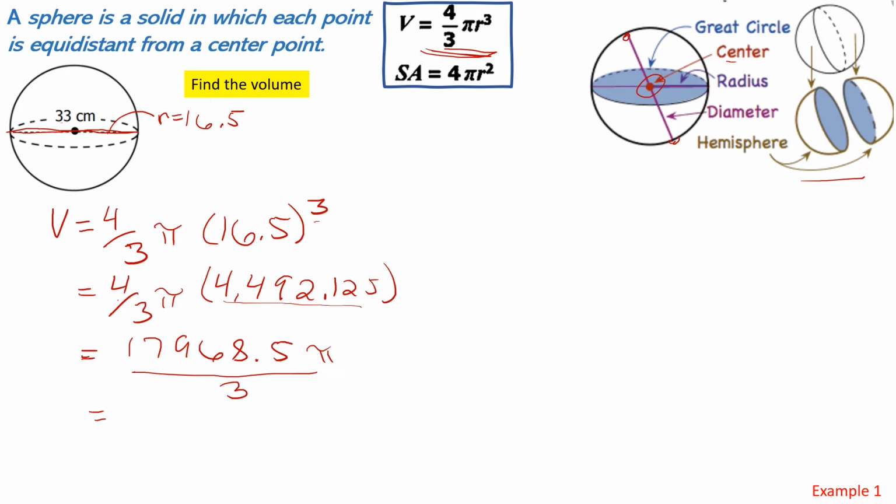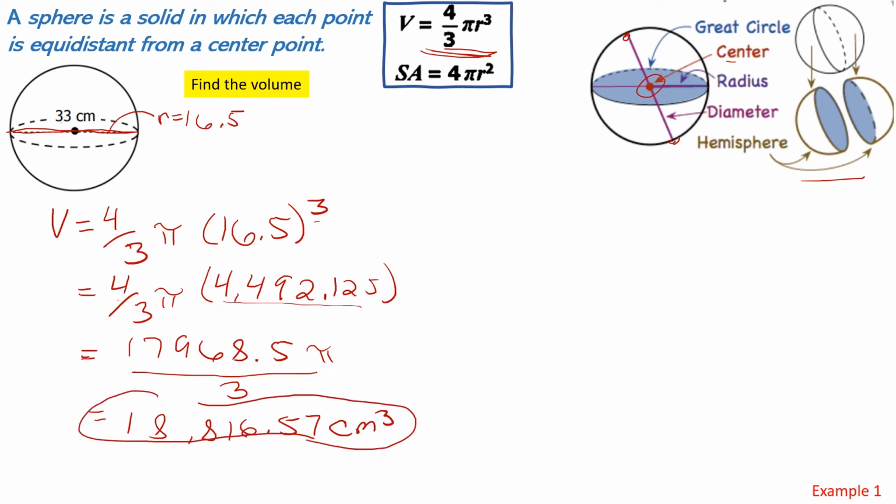Then I divide by 3. That gives me 18,816.57 centimeters cubed. All right, I'm going to cross out my answer there. So I found the volume of that sphere.